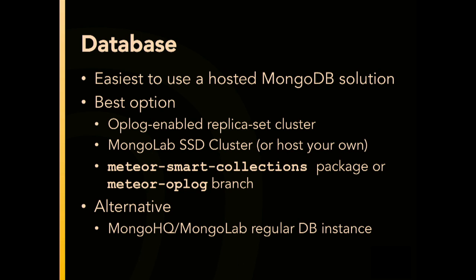So the solution to this is actually hidden inside the database. MongoDB, if you're running a replica set, has a thing called the oplog, which essentially fixes this issue. Each server can connect to the MongoDB oplog, which is essentially a stream of new reads and new writes that are happening inside the database.